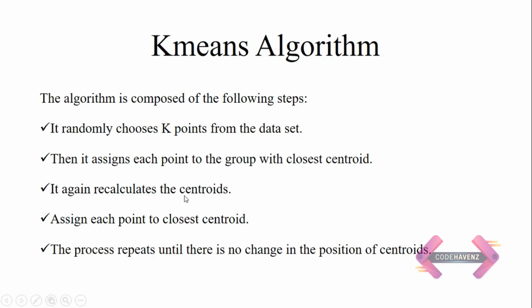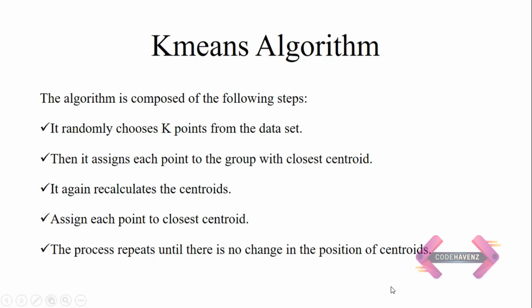After this grouping, we need to recalculate the cluster centroid. Then again we need to calculate the distance of each data point with the calculated cluster centroids. This process is repeated until there is no change in the position of the centroid.